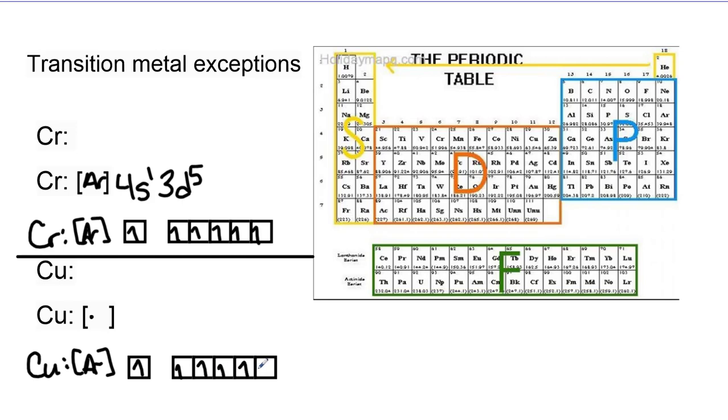When we had 9 electrons here, we had them all filled in except there was 1 unpaired electron out here. Our s electron is going to jump up here, and this is the most stable configuration for copper. In this case it would be 4s1, 3d10. So it's by the same logic as chromium.